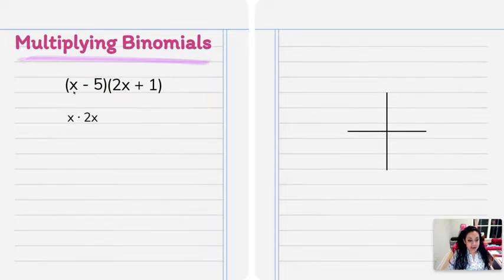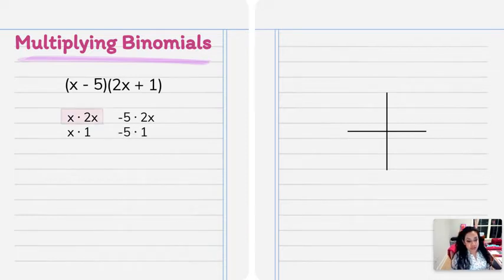So my x has to be multiplied with the 2x. But at the same time, that x term has to be multiplied with that 1 at the end. So moving on to the second term, that negative 5 has to be multiplied with the 2x. And again, at the same time, that negative 5 has to be multiplied with the 1.